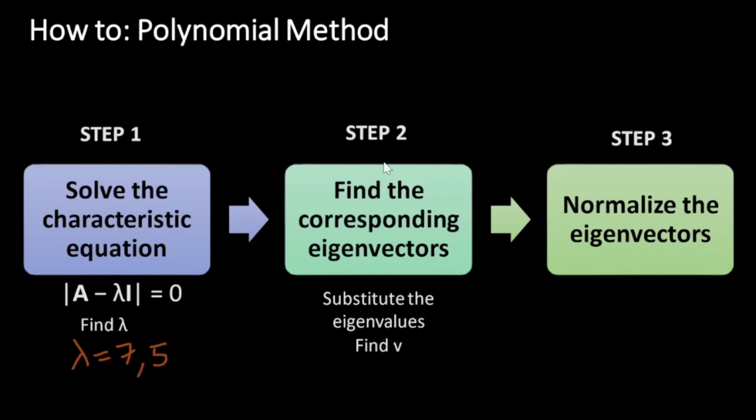In step number 2, we would substitute the eigenvalues, lambda equals 7 and 5, to find the corresponding eigenvectors. So let's start this. Remember our original equation, A minus lambda I multiplied by V equals 0.